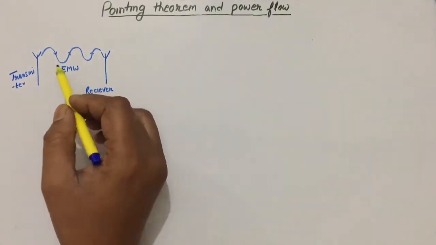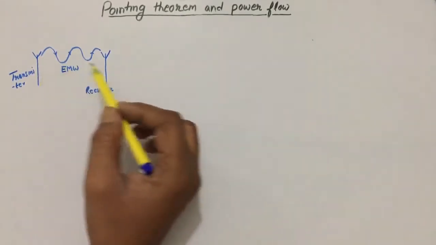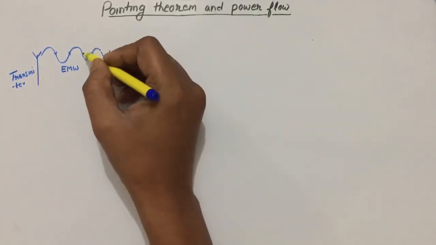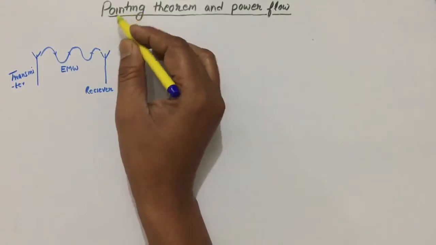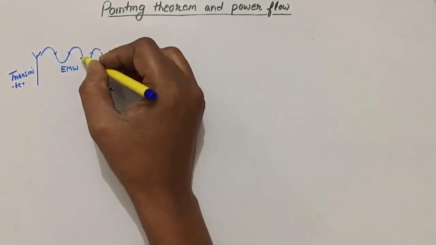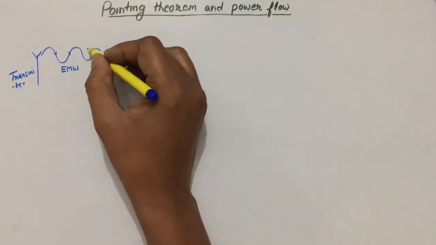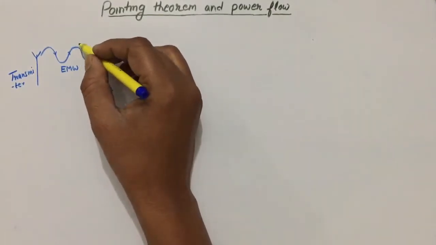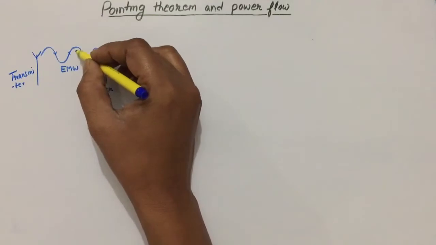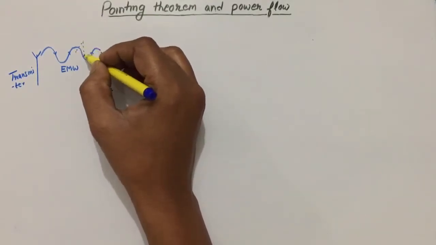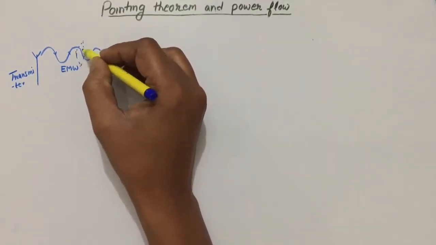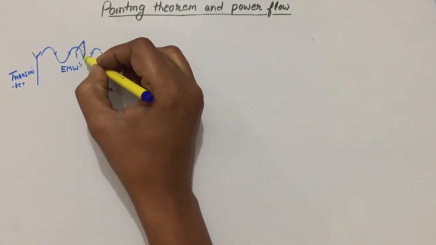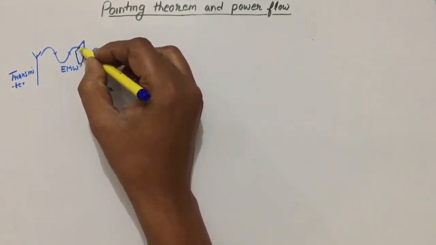So if any wave is propagating from transmitter to receiver, then in today's discussion we will try to find what will be the power in these electromagnetic waves. For example, let us consider this surface, and what will be the power in the wave that is crossing the surface.